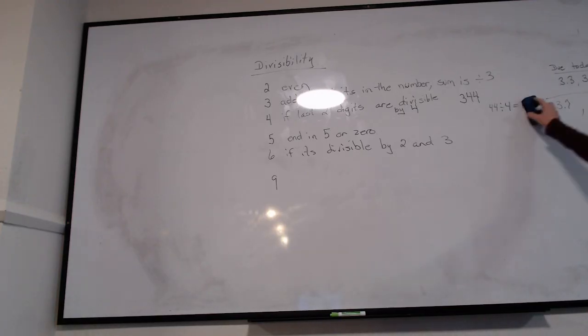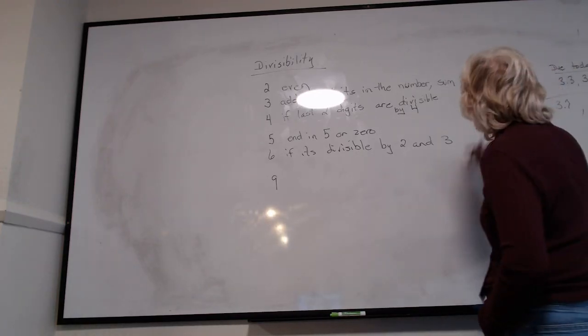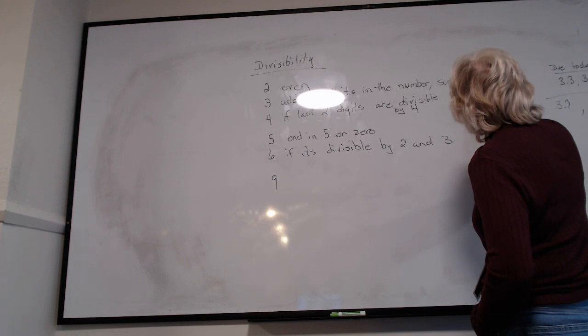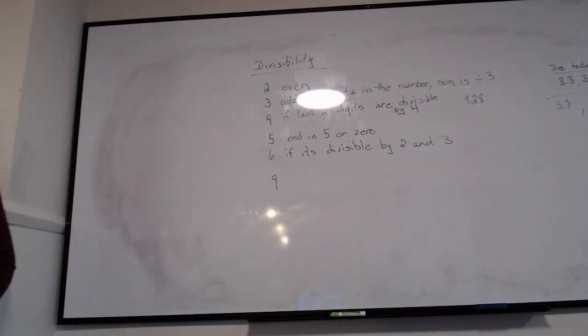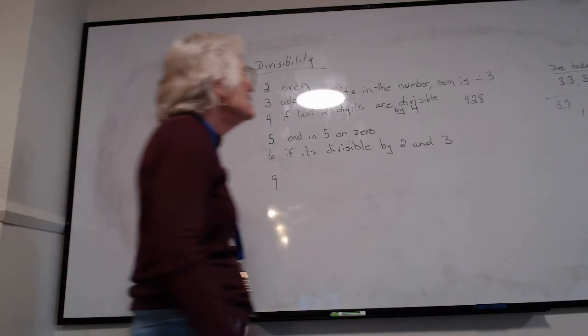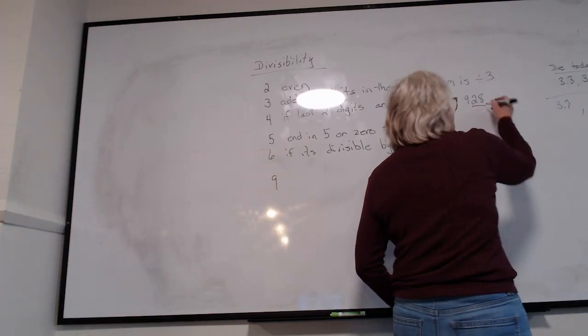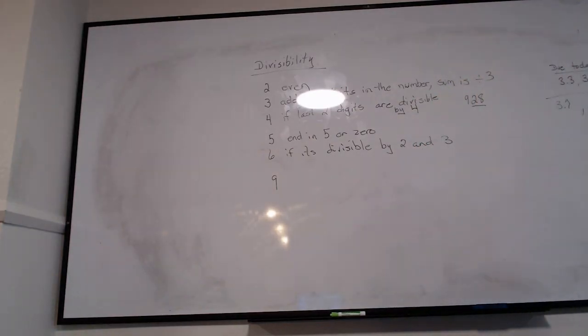Okay? So if I had 928, would that be divisible by 4? No. What do you guys think? I think so. Well, let's check. Is 28 divisible by 4? No. Does anyone want to change that answer?